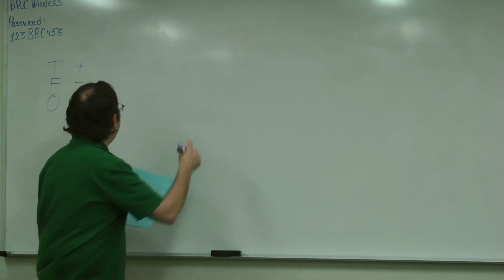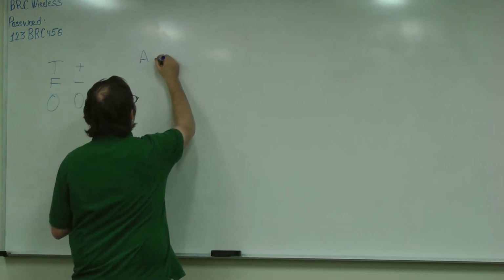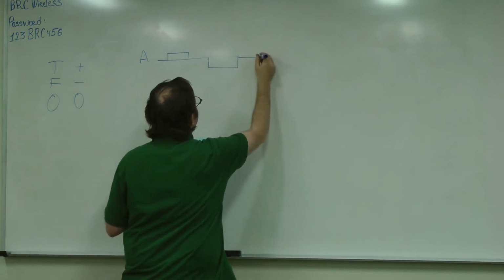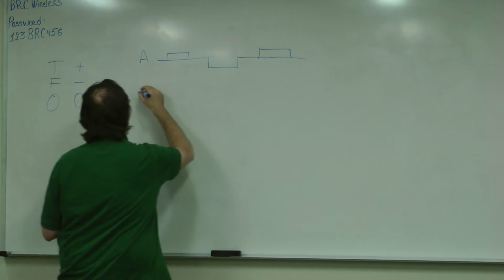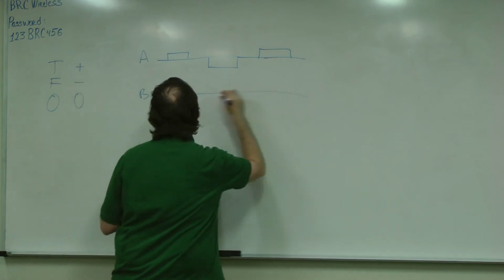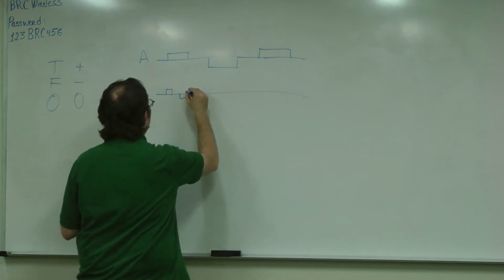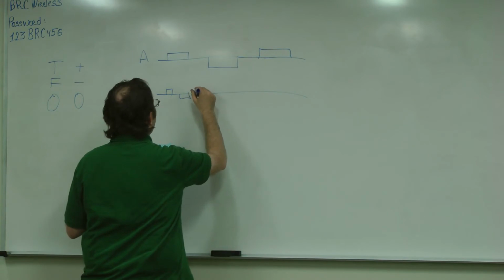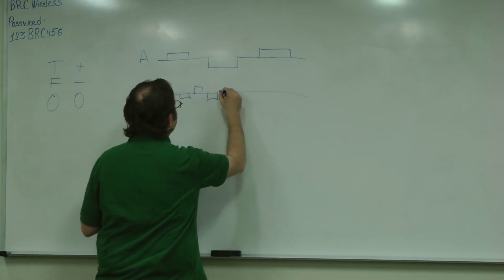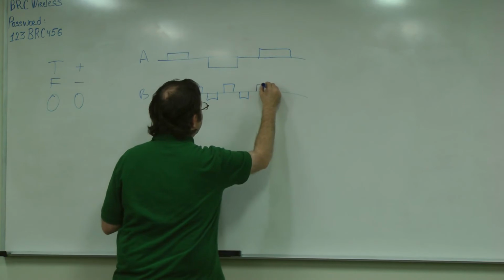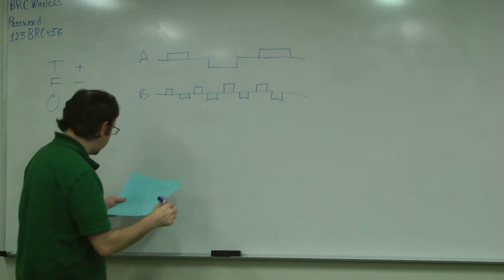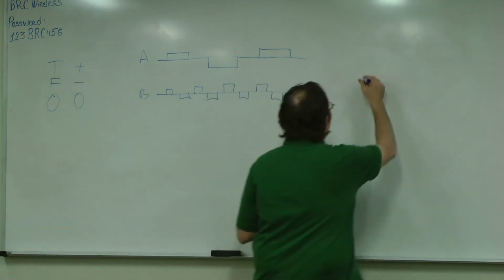And so my idea was to create two signals, an A signal that would go positive, and then alternate from positive to negative, and a B signal that would do the same thing, but would do it three times as fast. And then I'd plug it into a circuit that would look something like this.